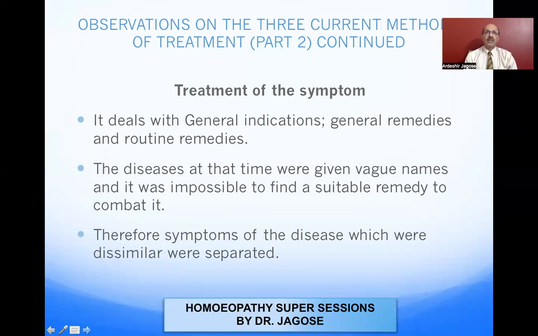As I told you in the first part, this sort of practice was quite useless as it never used to cure the disease. The intensity of the disease used to increase, the symptoms used to increase, artificial diseases were created, and complications occurred also in the disease. Therefore, symptoms of disease which were dissimilar were separated.